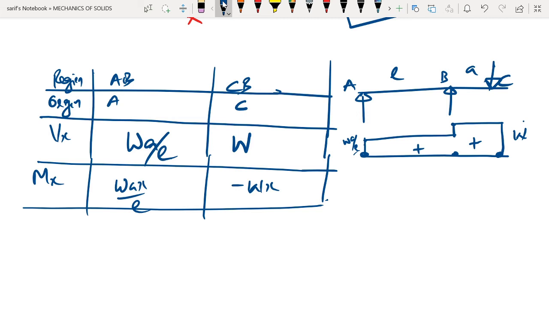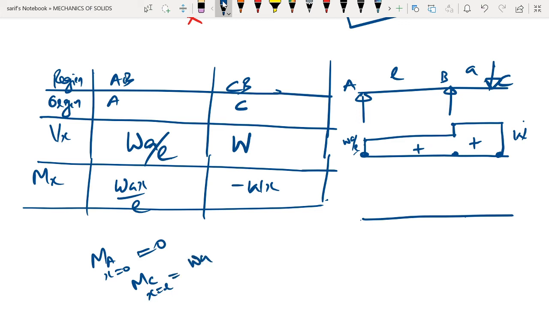Next, let us try to draw the bending moment diagram. At the region A, x is equal to 0, the bending moment is 0, and at C, x is equal to L, we will get bending moment as WA.